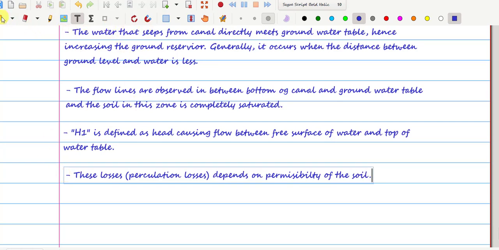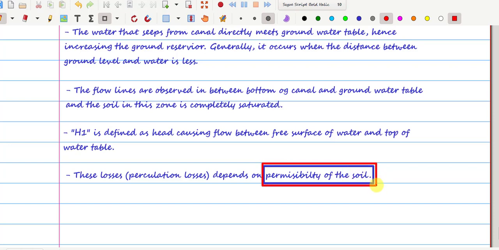This is the most important point you need to remember: it depends upon the permeability of the soil. Got it? All three points are important, but this point is the most important among all.